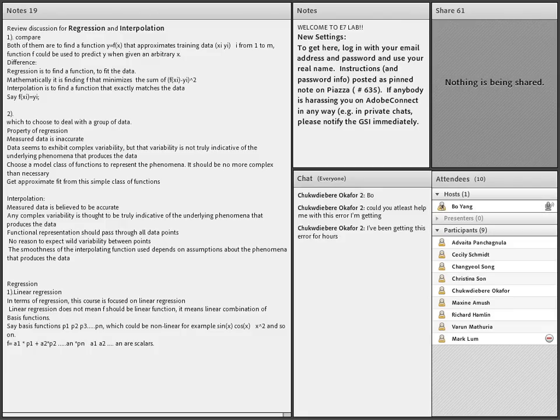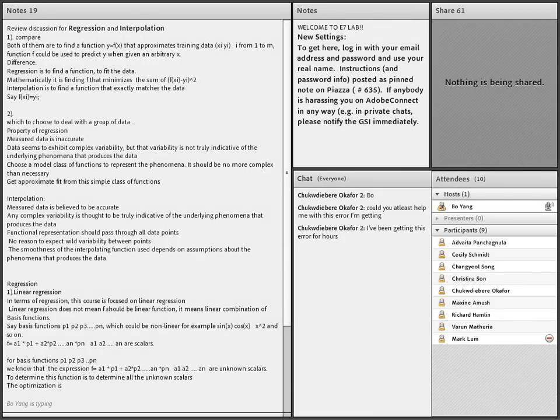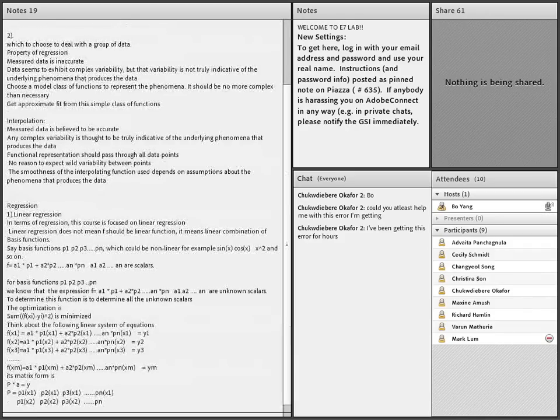So for basis functions p1, p2, p3 to pn, we know that the expression of the regression function f equals a1 multiplied by p1 plus a2 multiplied by p2, and so on, and a1 to an are unknown scalars.